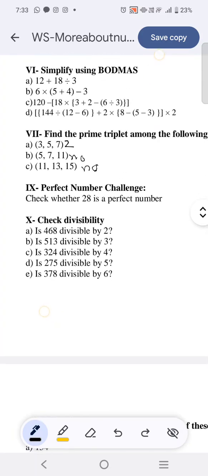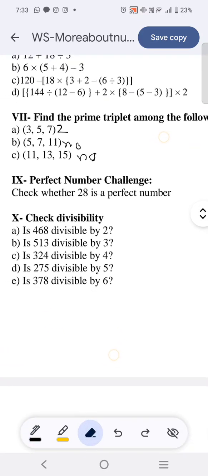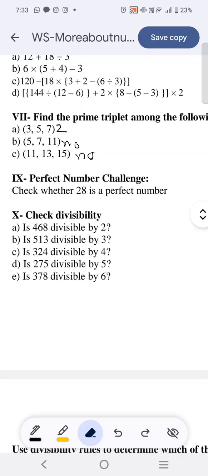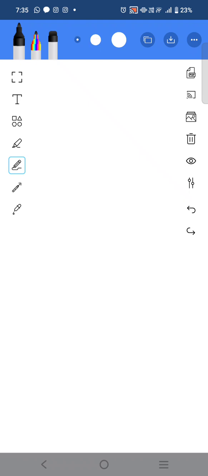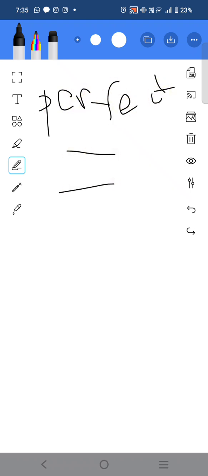Now, the next one is the perfect number challenge. Check whether 28 is a perfect number. So students, most of you must not know what a perfect number is. A perfect number is a number that is equal to the sum of its proper divisors.